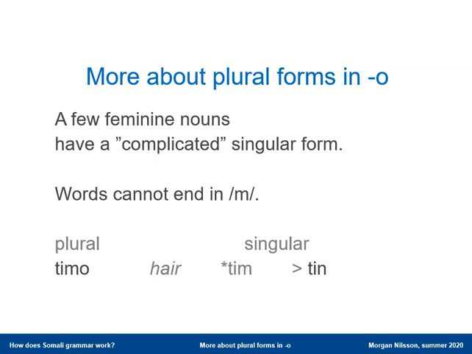That's why we use a plural in Somali. And the singular of that noun, just denoting one single hair, is tin with an N. And that's simply because words don't end in M in Somali, so the M has to change into an N instead.